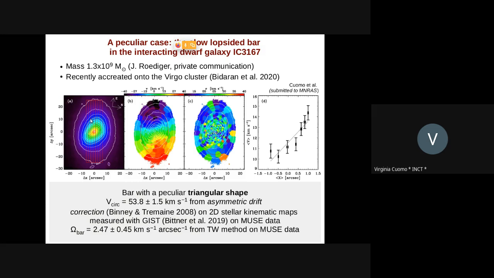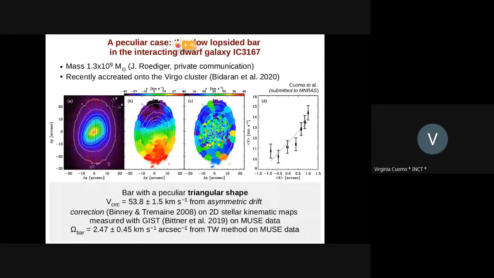This is what we interpret to be a lopsided bar, which means a bar that has an asymmetric shape and is a little bit off-centered with respect to the disk. This galaxy has been recently accreted onto the Virgo cluster.